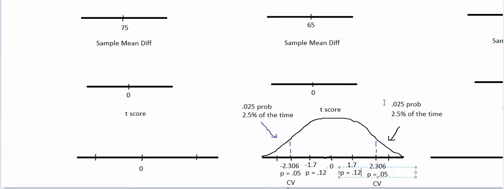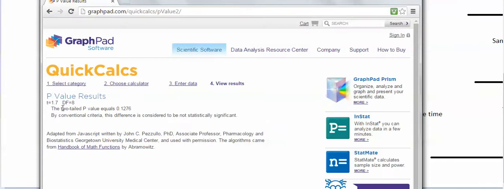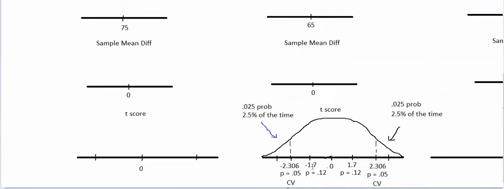I entered 1.7, and it told me that the t-score of 1.7 has a p-value of 0.12. But if I entered negative 1.7, it would also come out to 0.12, because a t-score and its opposite always have the same p-value.